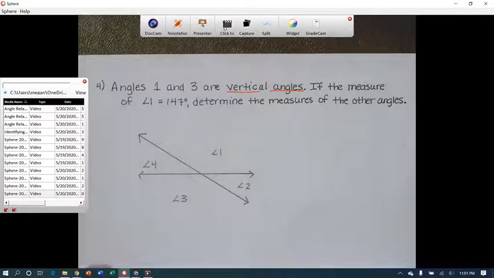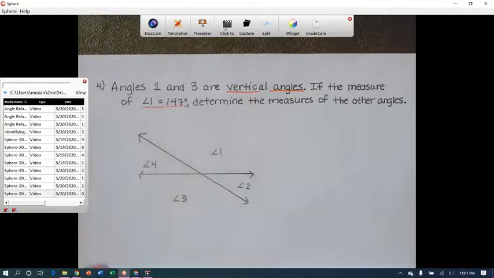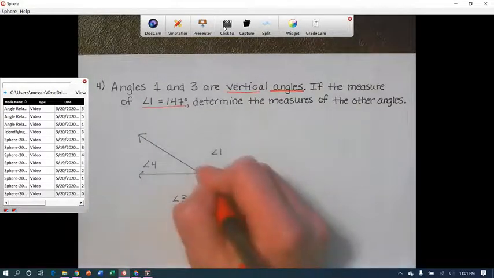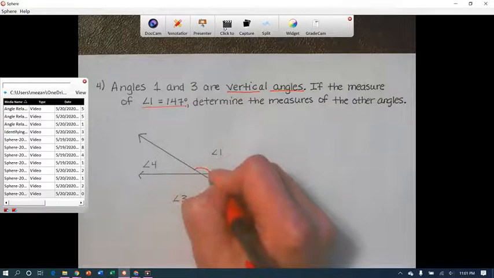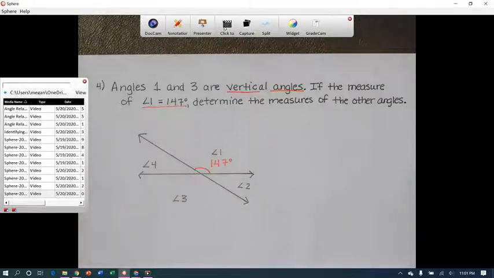If the measure of angle 1 is equal to 147 degrees, angle 1 is right here, so this angle measure is 147 degrees. We need to determine the measures of the other angles.